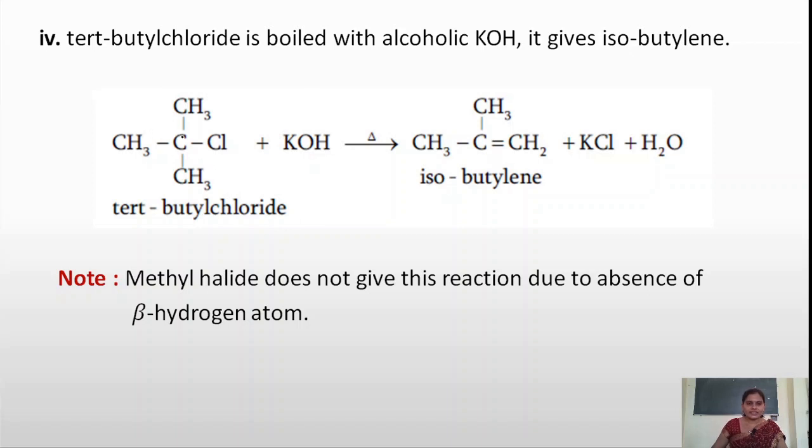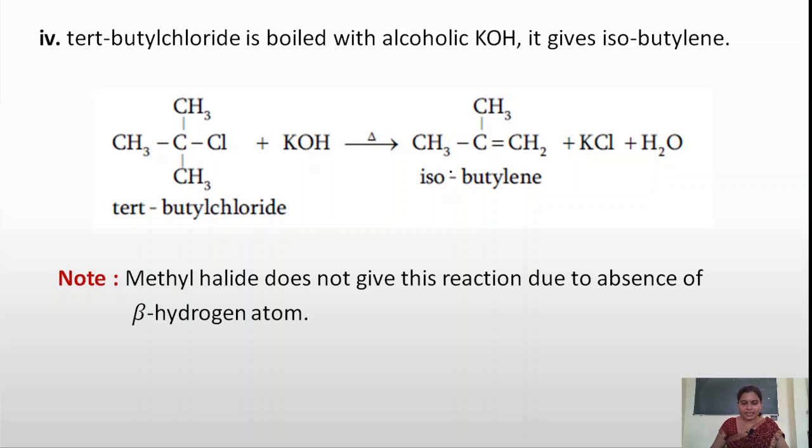Now in this example, this is the alpha carbon, and these three carbons are attached adjacent to this alpha carbon. But these 3 carbons have the same alkyl groups, so there is an equal probability of the removal of any of these 3 hydrogen atoms. So the product of the reaction is the same in this example.